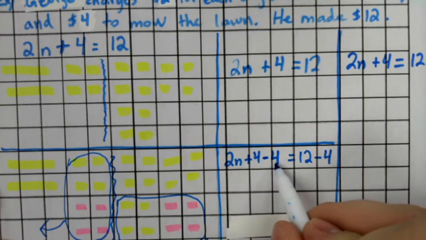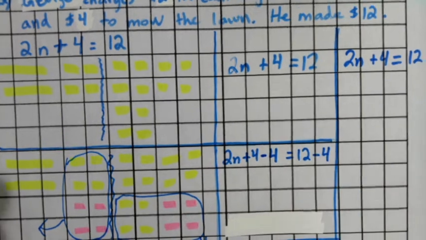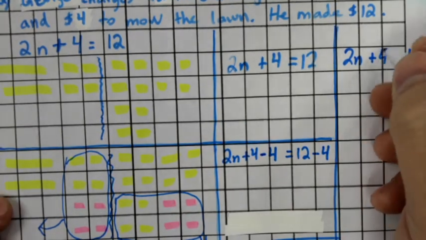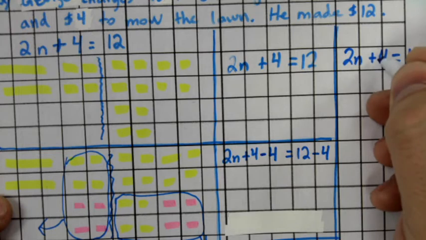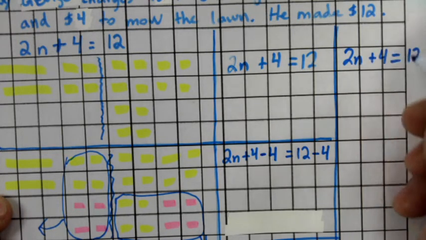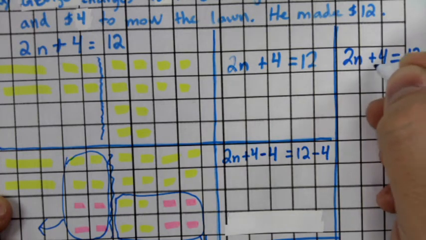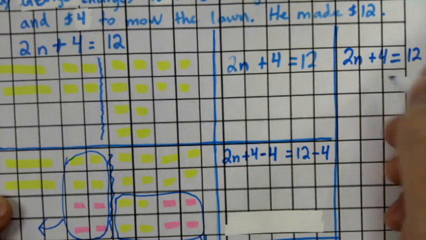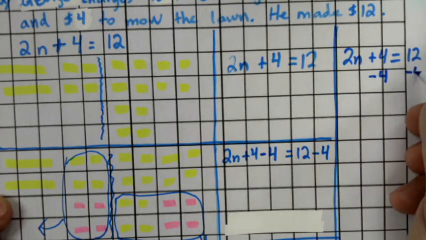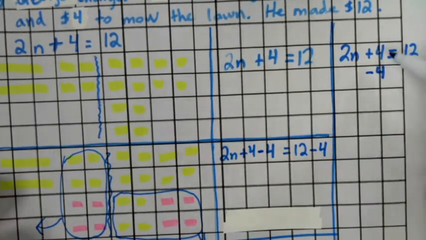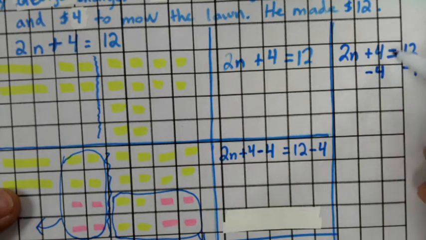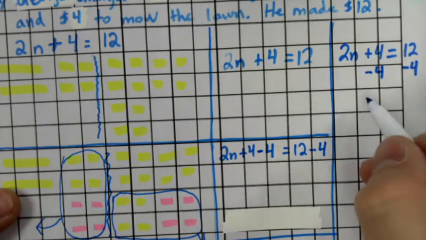You can either write it in like this, but what I often like to do is to just find the constant that is not with the variable, this add 4, subtract 4, whatever it is, and do the opposite of it, so subtract 4, subtract 4. And I'm just going to write it below. Why? Because this cancels out and makes a 0, and then I just have to go 12 subtract 4 and leave in what is there.